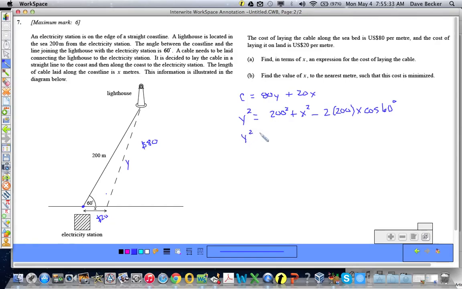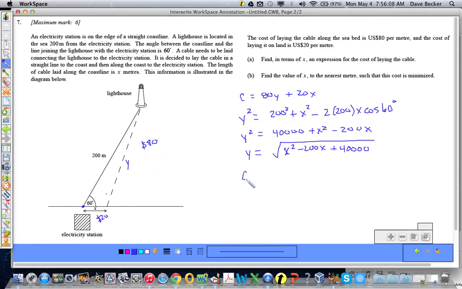So y squared is equal to 40,000 plus x squared minus 2 times 100 times 1/2 times x... that is minus 200x, which means that y is equal to the square root of x squared minus 200x plus 40,000. Okay, so that's just the length of y.